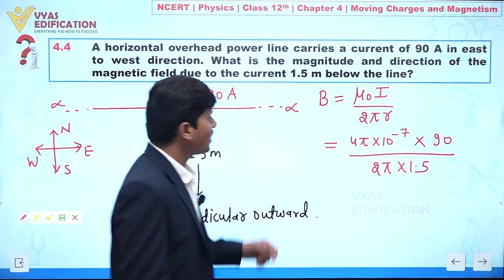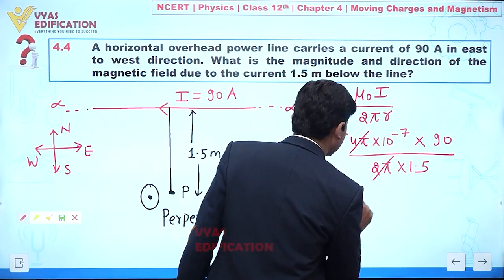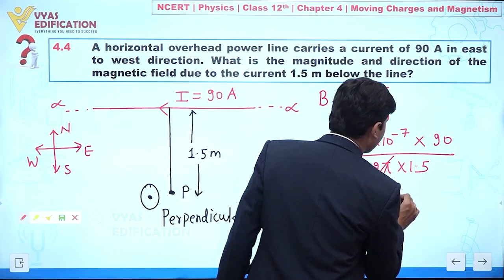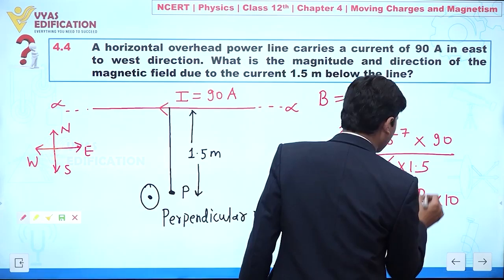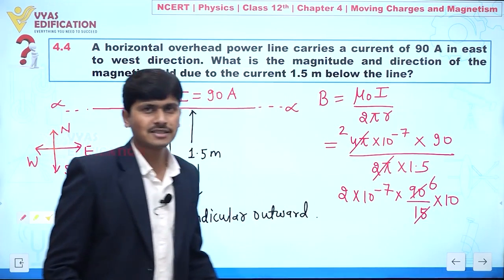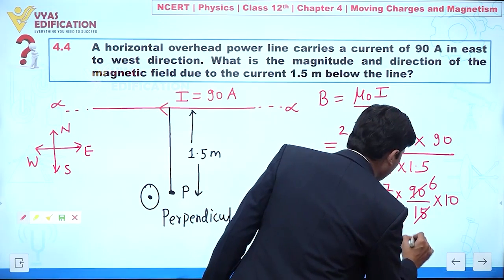So this works out to 2 into 10 to the power minus 7 into 90 divided by 1.5, and from here we get 12 into 10 to the power minus 6 Tesla.